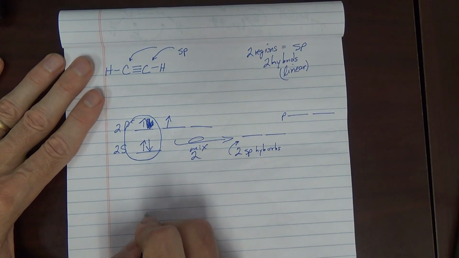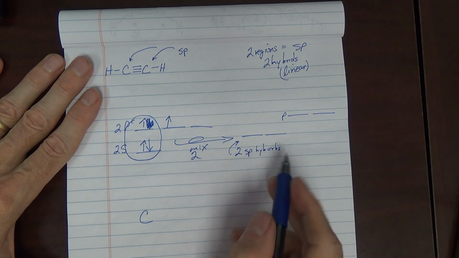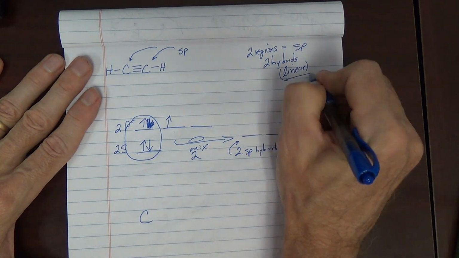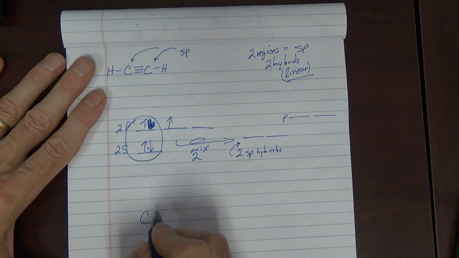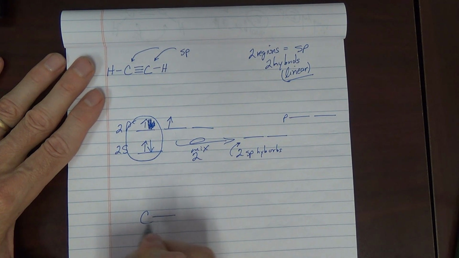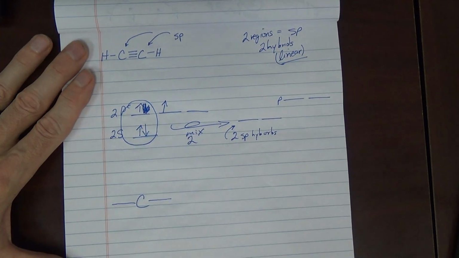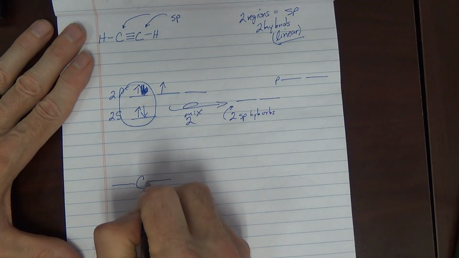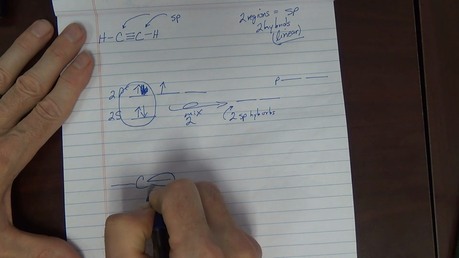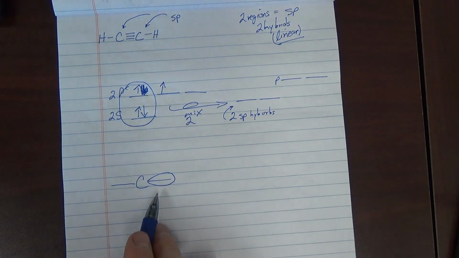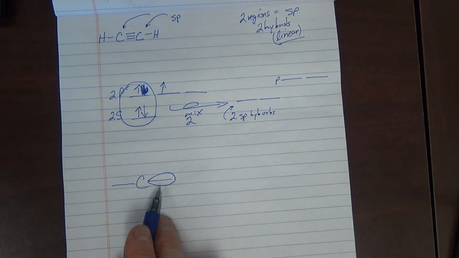Let's get to a carbon. 2 hybrids are going to be spread out linear. I'll start with just bonds linear to help me, although this gets easier when we only have 2. There's one here. Again, I'm not going to try to say the shape of these yet.